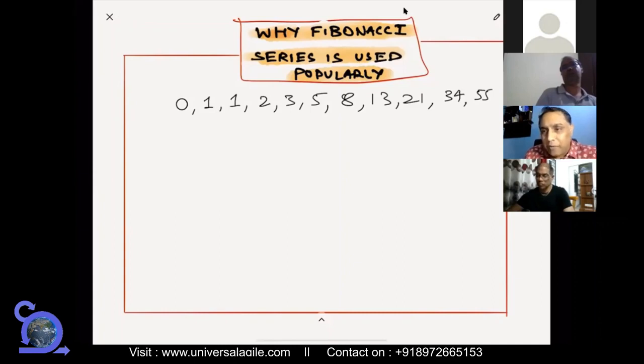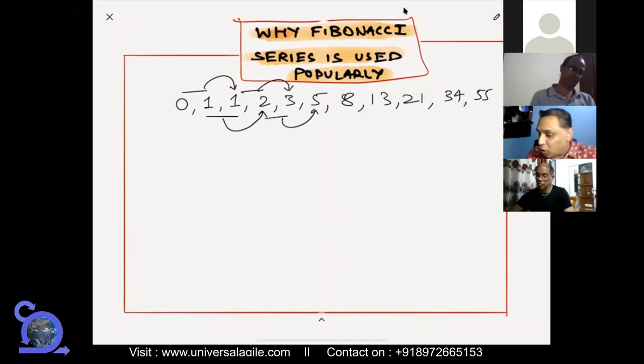Now what is a Fibonacci series? You add the previous two numbers and then you write the next number. You see this? 0 plus 1 is 1. 1 plus 1 is 2. 1 plus 2 is 3. 2 plus 3 is 5. This is called the Fibonacci series.